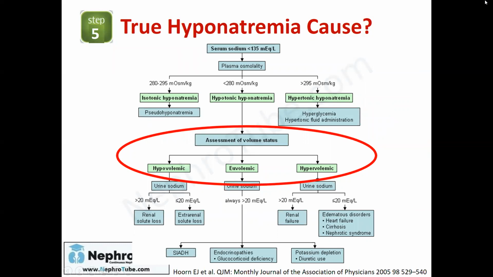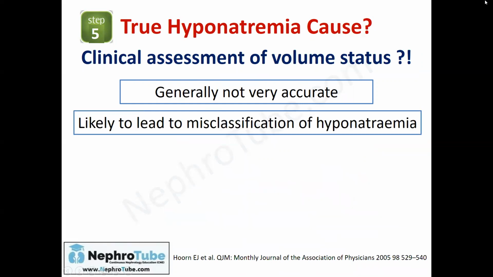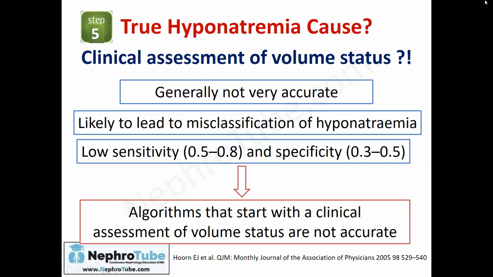But we all know that the clinical assessment of volume status may not be accurate, and may be misleading in some situations. It is generally not very accurate and likely to lead to misclassification of hyponatremia, and for sure this will affect the treatment approach. Clinical assessment of volume status has low sensitivity and specificity, so all algorithms that start with a clinical assessment of volume status are not accurate.